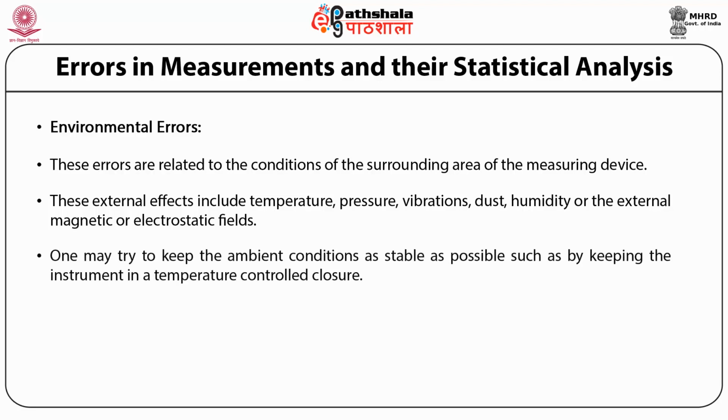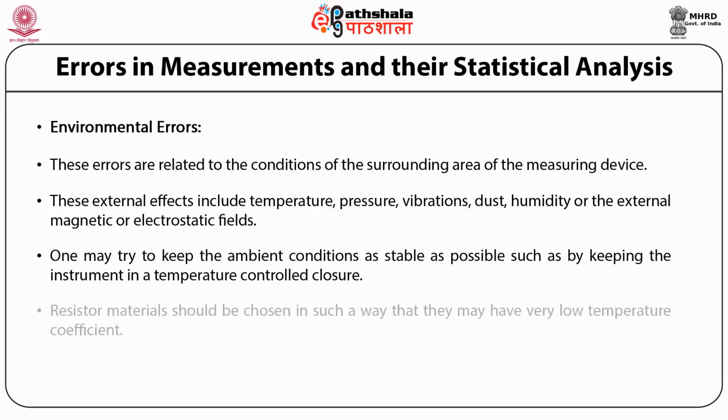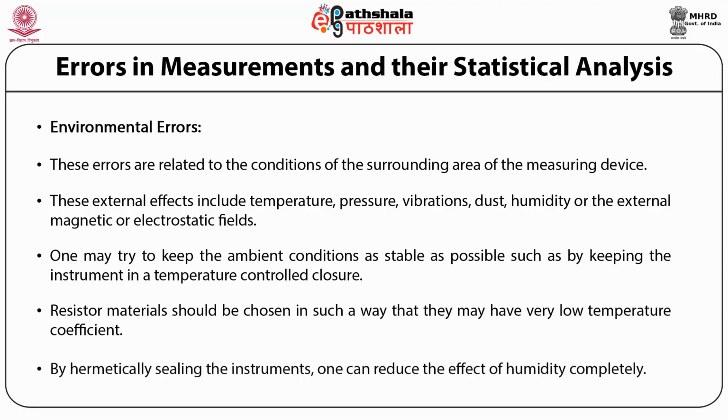One may try to keep the ambient conditions as stable as possible, such as by keeping the instrument in a temperature controlled enclosure. Resistor materials should be chosen in such a way that they have a very low temperature coefficient. Also, one can hermetically seal the instruments so as to reduce the effect of humidity.